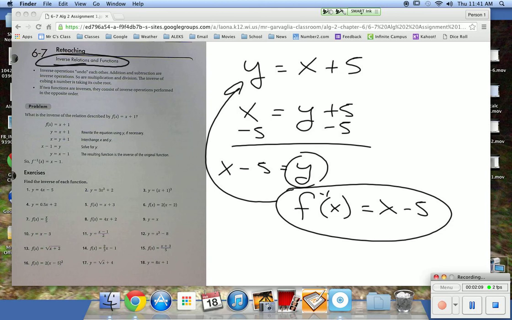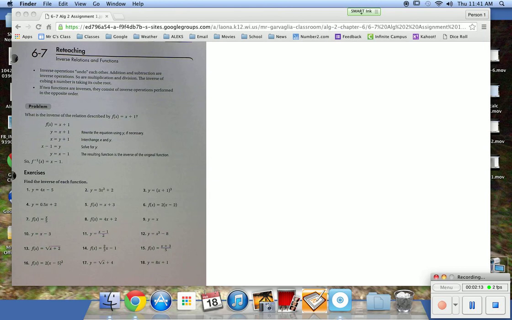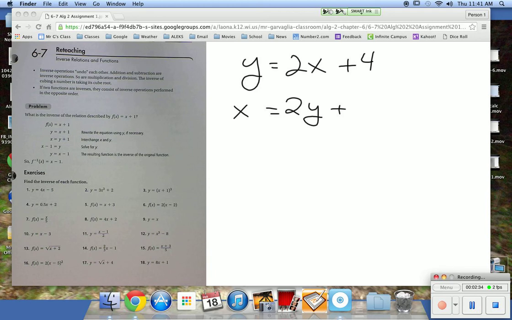Got it? Let's take a little tougher one. That one wasn't tough. Y equals 2x plus 4. All right? We're going to interchange our x and y's around. X equals 2y plus 4.